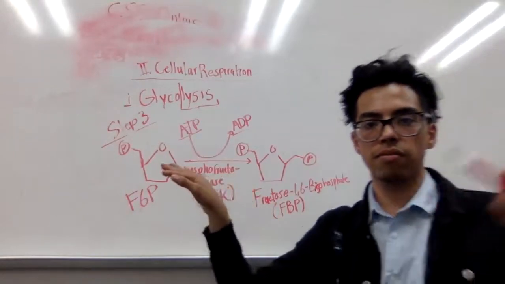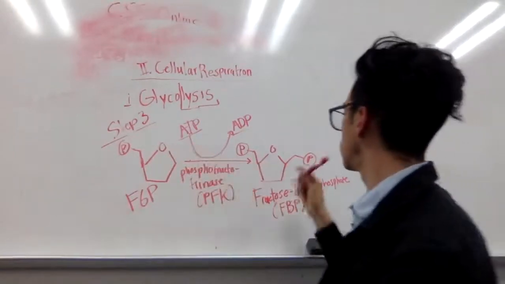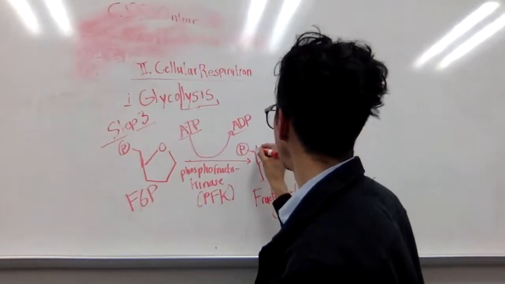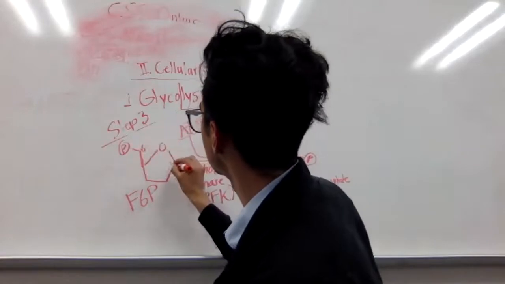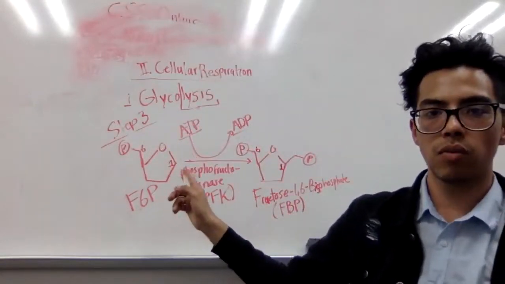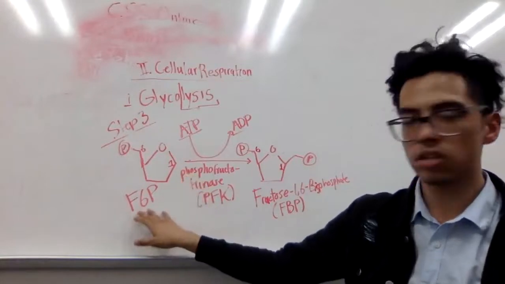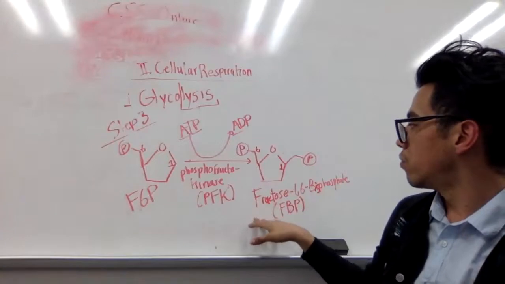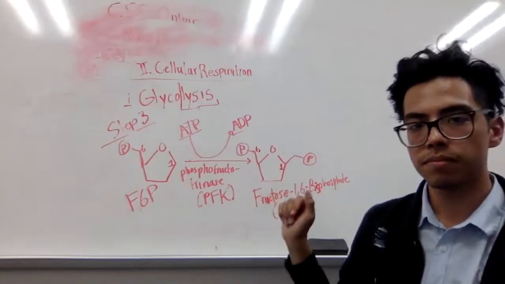Now it's going to have phosphate groups on, remember, 1, 6. It's going to add a phosphate to the first carbon of this fructose 6-phosphate, and so that's going to become fructose bisphosphate.